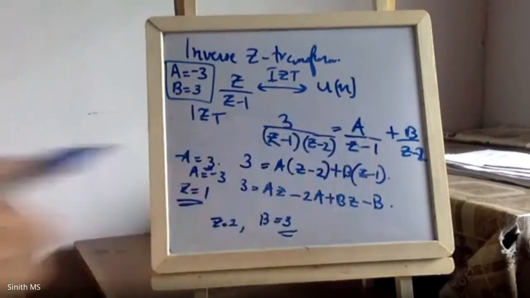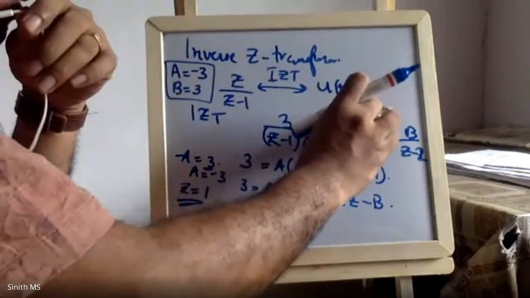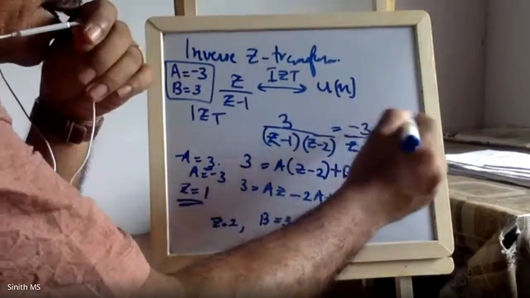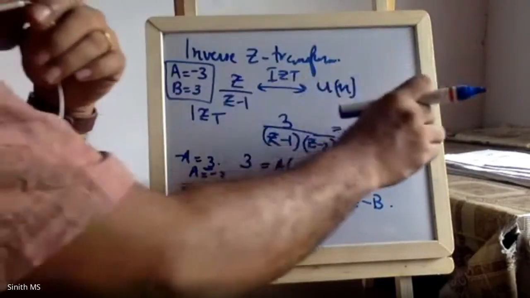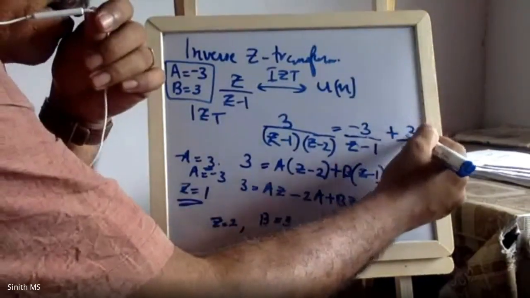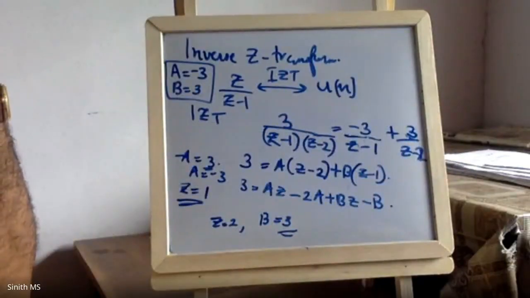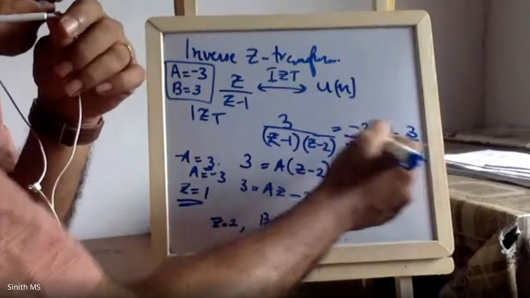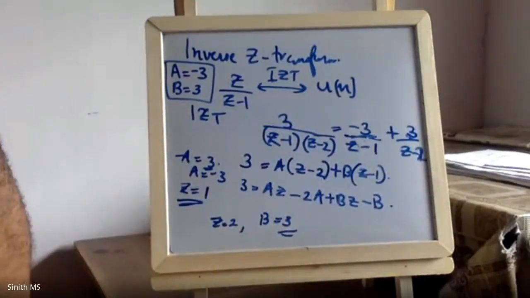So I'll replace a and b with minus 3 and 3. This is minus 3. This is 3. Now, what is the inverse transform of each of these? How will you find the inverse transform of each of these?